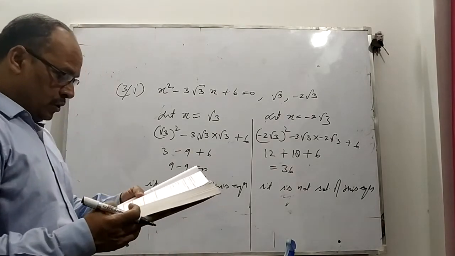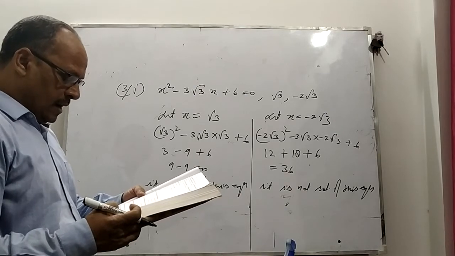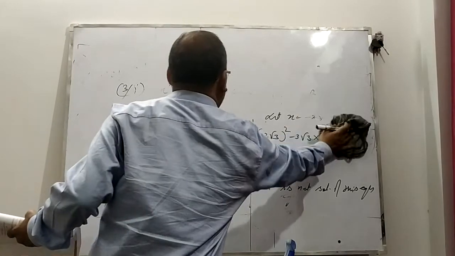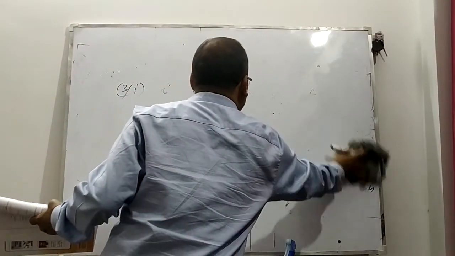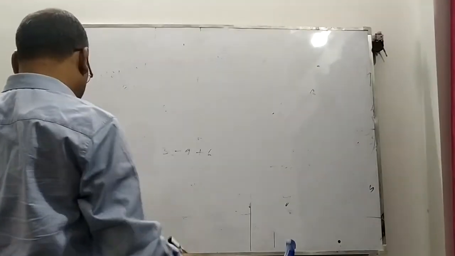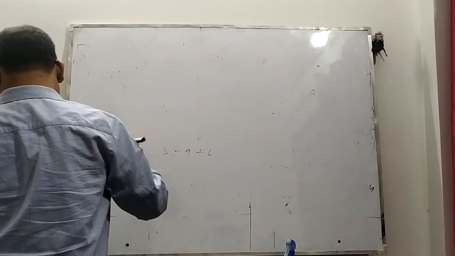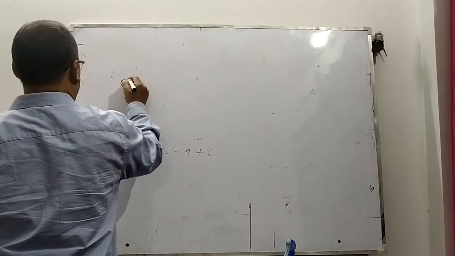Question number 4th, 5th and 6th. Here you find the value of k. Unknowns are given. It is given that it is a solution of this equation, then find the value of k. So you will see better, question number 5 first.